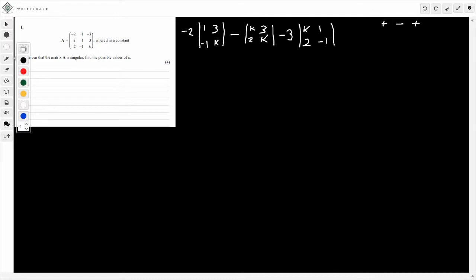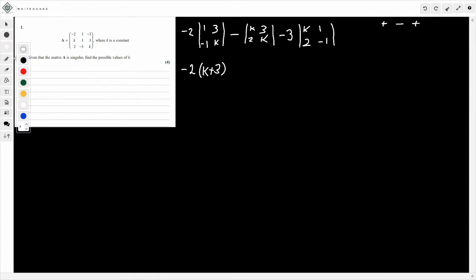So let's actually work these out now. So this is going to be minus 2 lots. So all we're doing now is working out the individual 2x2 determinants. So I'll start with this one. It's going to be 1 times K, so K, minus 1 times 3, so it's going to be plus 3. So it's going to be K plus 3. Now we won't expand it just yet. Again, we'll just keep going along, doing it step by step, so hopefully it's clear.